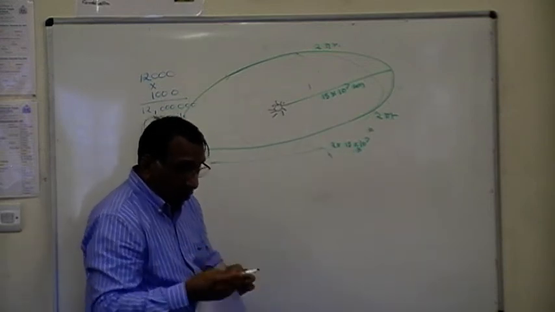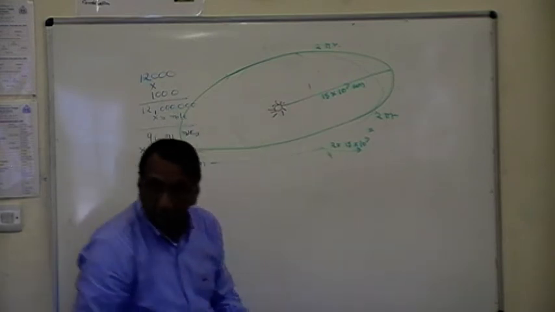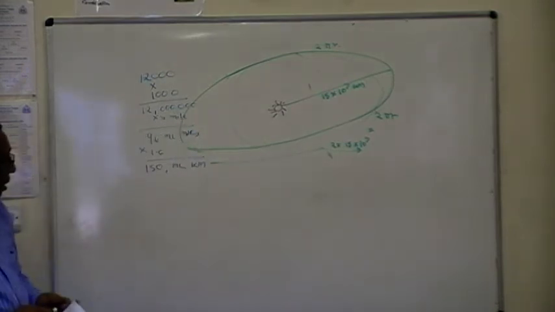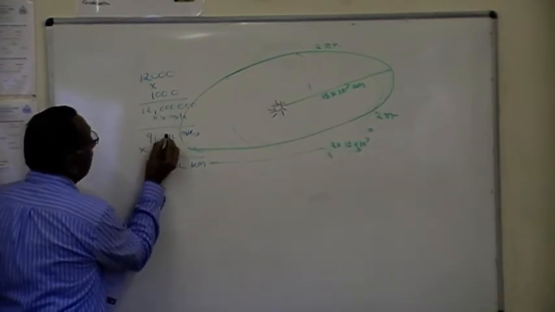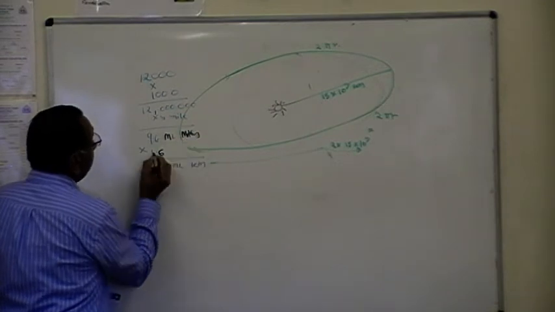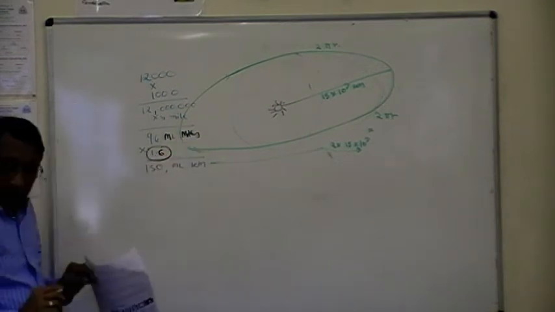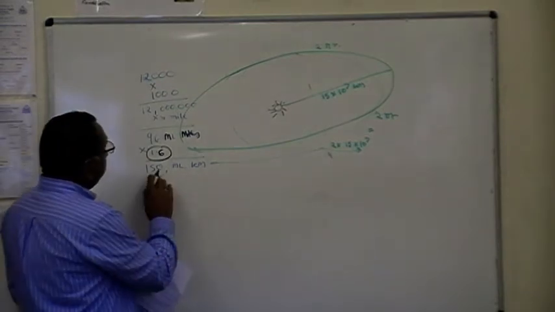Can you read these small numbers or do I have to write bigger? What's the times 1.6 at the end there? This is miles and this is kilometers, so when you convert, multiply by 1.6. So you got 150 million.